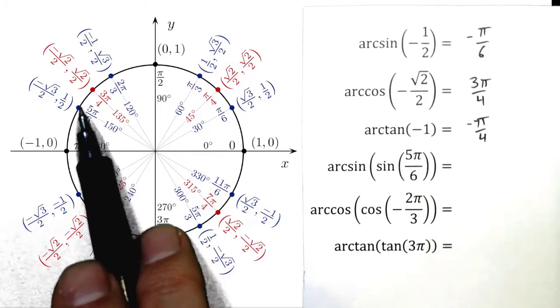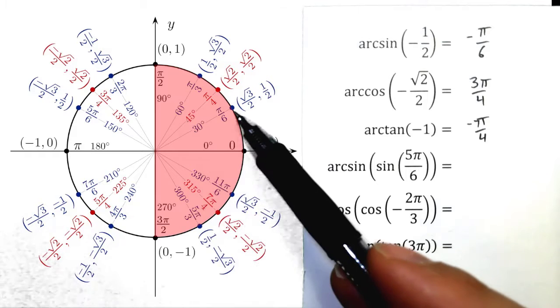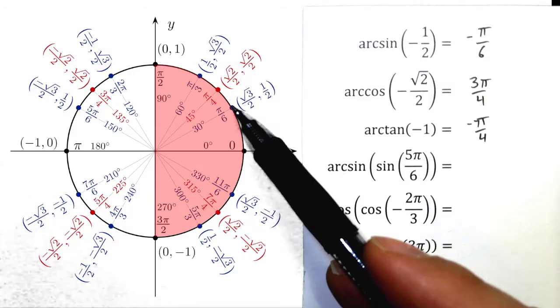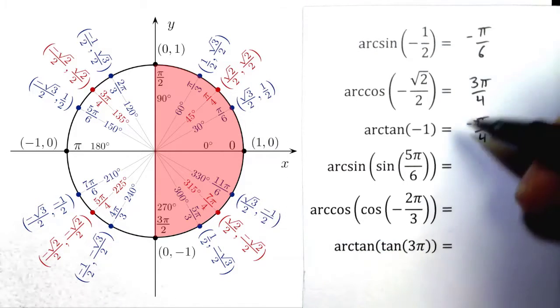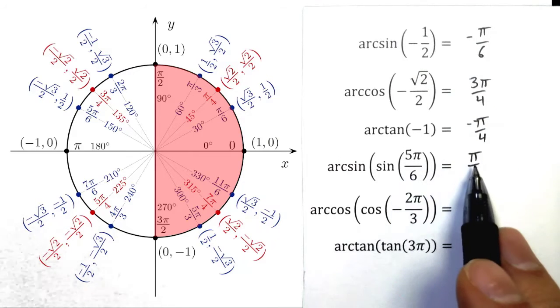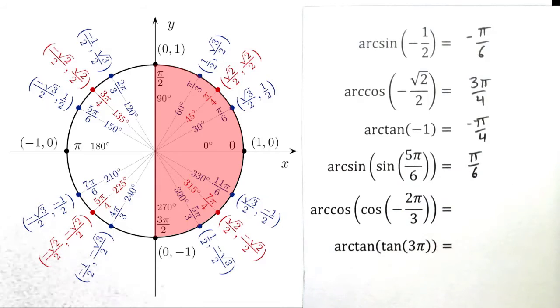There's this one and this one. And arc sine is only concerned with the one between negative pi over 2 and pi over 2, so I'm looking at this one. And now I have to find the angle between negative pi over 2 and pi over 2 that puts me here, and it's pi over 6. So this is interesting, because even though we started at 5 pi over 6, we ended up at pi over 6, because of that restriction that the angle has to be between negative pi over 2 and pi over 2.